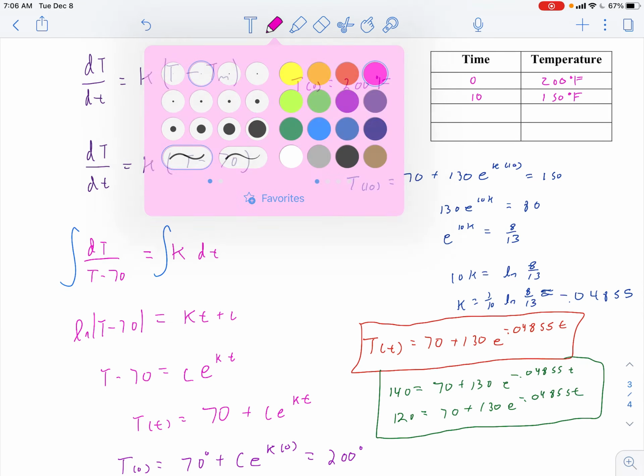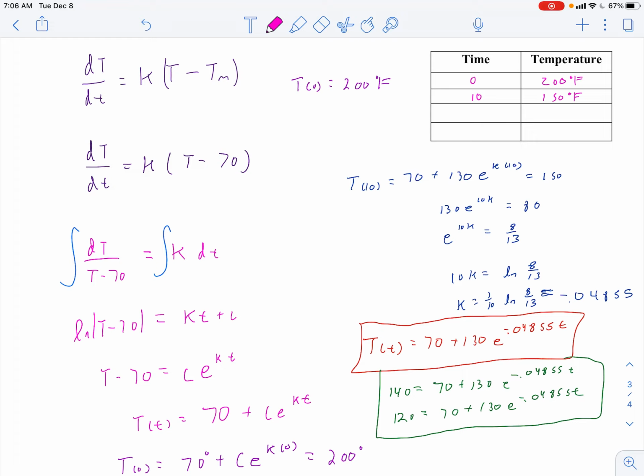And so what we find is when I plug this in, for the first value, I'm just going to approximate, and it looks like it's going to be around 12.75. Let me zoom in just a little bit more. Yeah, we'll just say 12.75, so 12 minutes and 45 seconds.